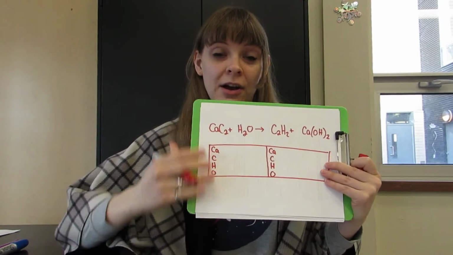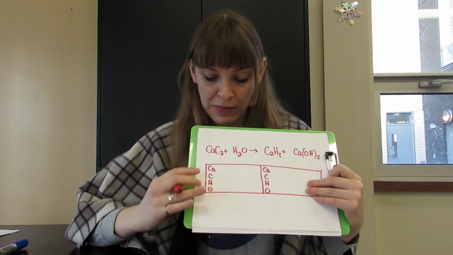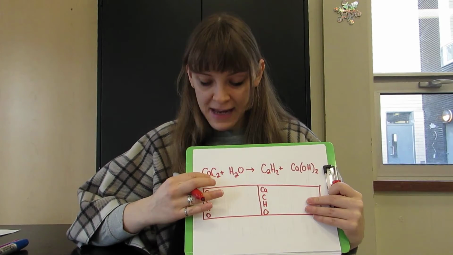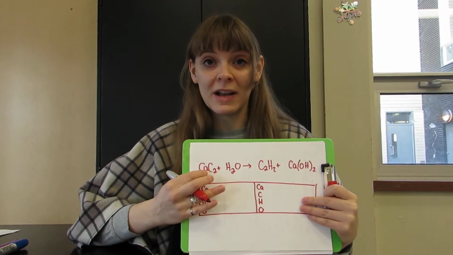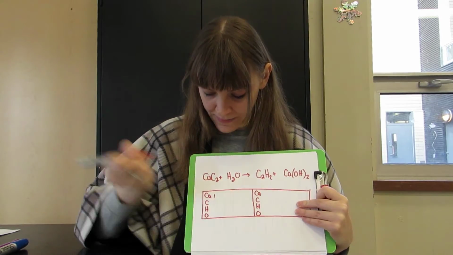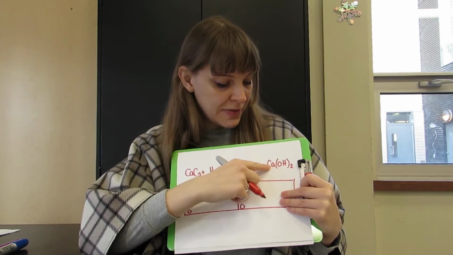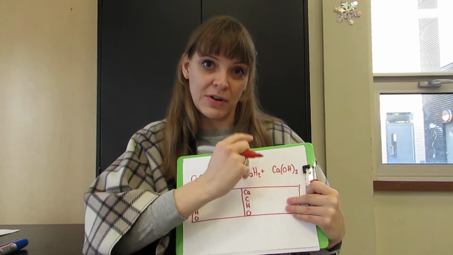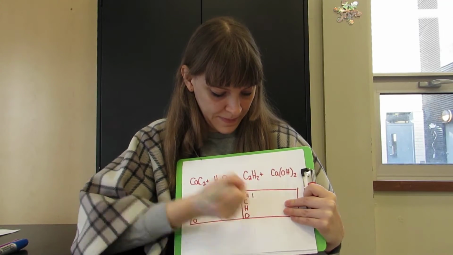So here we are. Let's start counting with our calcium. So here, calcium doesn't have a subscript, so we assume that it's 1. And there's no number in front, so it's just going to be 1 calcium. If we look on this side, we also have 1 calcium, right? There's no subscript and there's no number in front, so it's just 1.